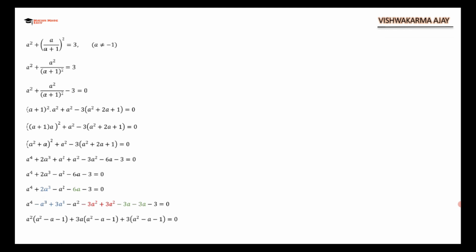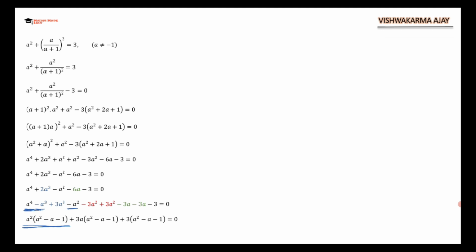Okay, now what? a to the power 4 minus a³, and then minus a²: a to the power 4 minus a³ minus a². I took a² common, so we have a² times (a² minus a minus 1).